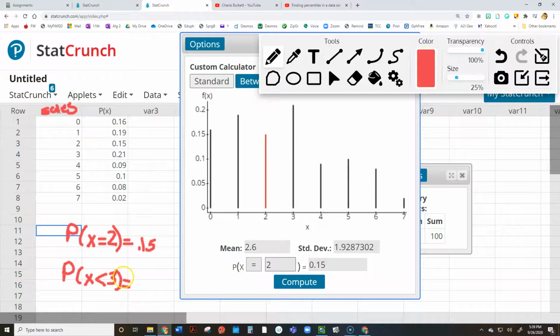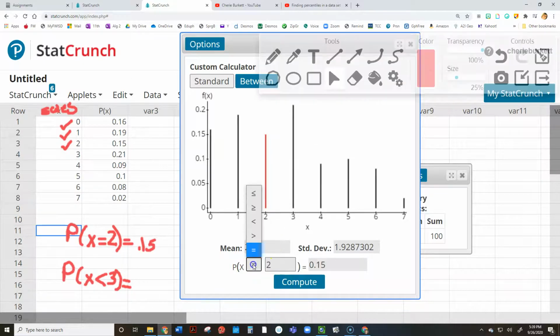Well, you have to know what they're asking about. Is having 3 sales per day less than 3? No. We would be talking about having 2 sales per day, 1 sale per day, or 0 sales per day. If you add all those up, you'll get the answer to this. Well, you don't have to actually add it up.